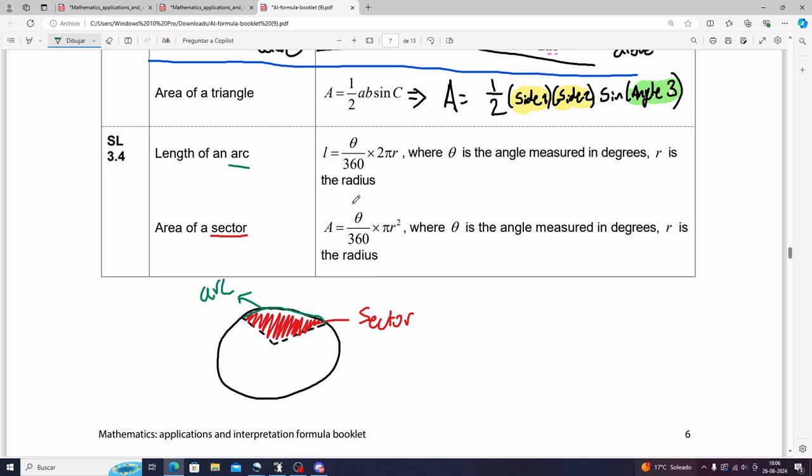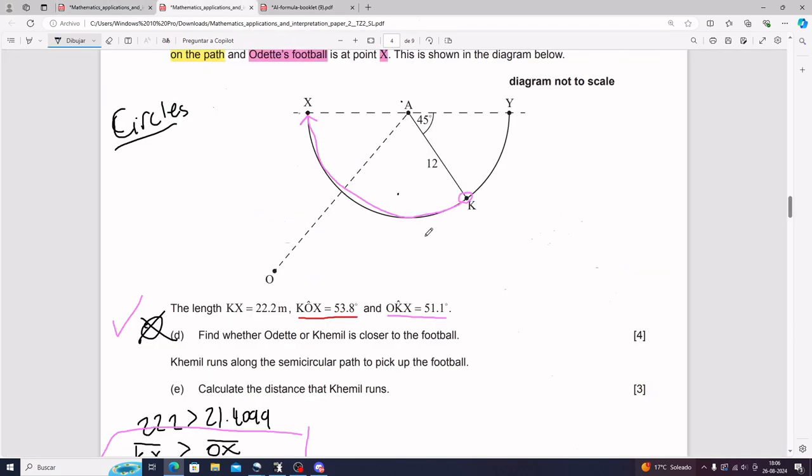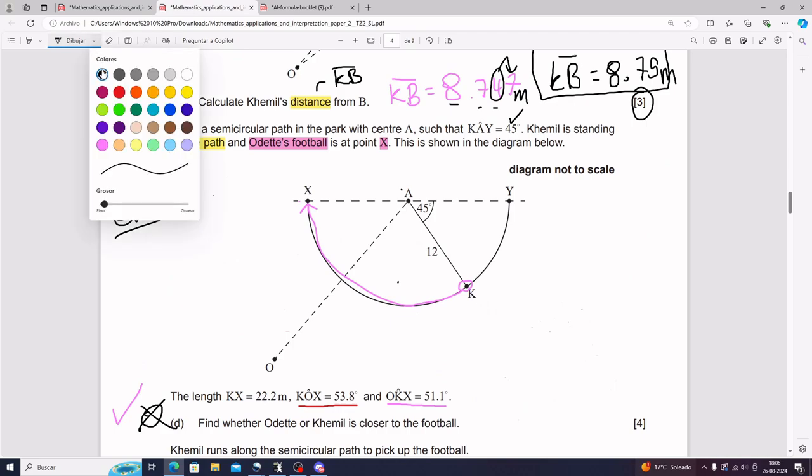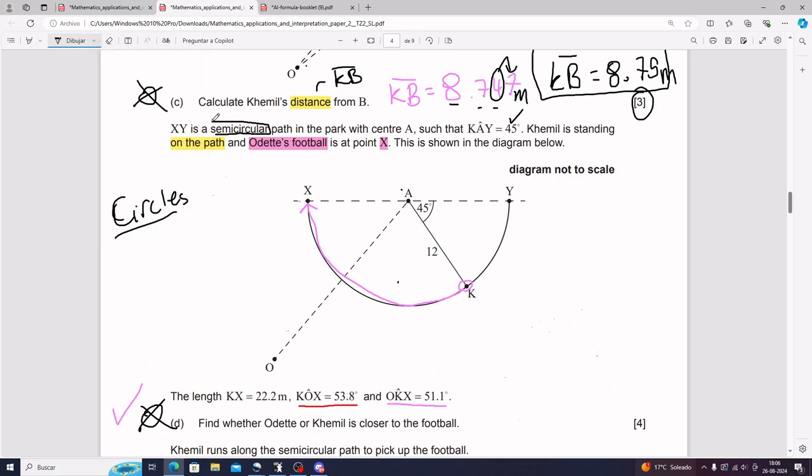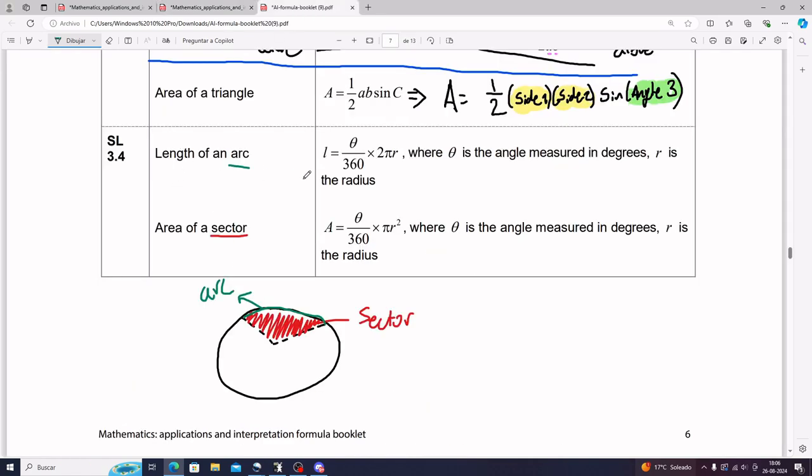And in this context, you also have a circle, because they talk about a semicircular path, so we are talking about circles. So the 2 main formulas are for length of an arc and area of a sector. Both of these are for circles.